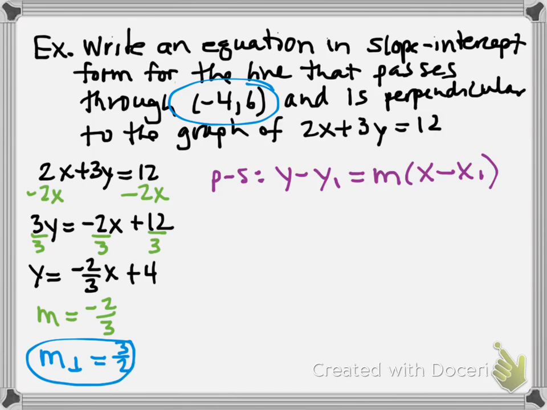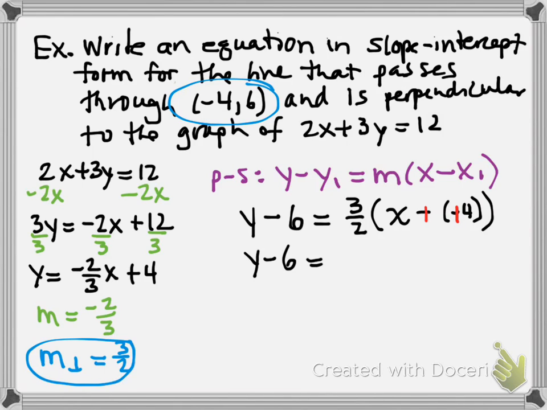So here we go. Put those together: y minus 6 equals the slope of 3 halves times the quantity x minus the negative 4. I do have a double sign here, so I am going to add the opposite, giving me y minus 6 equals 3 halves times the quantity x plus 4.